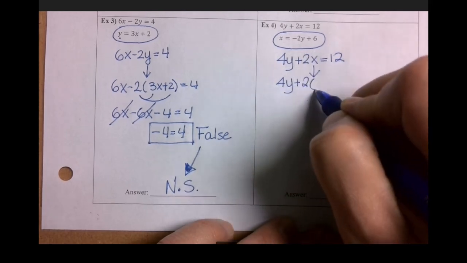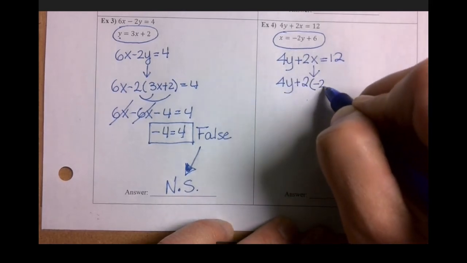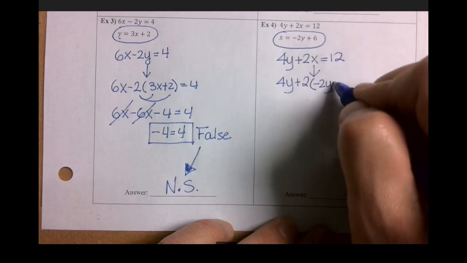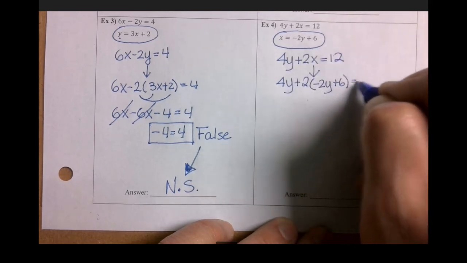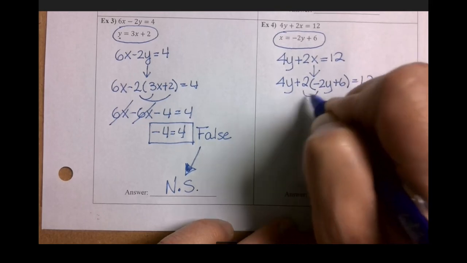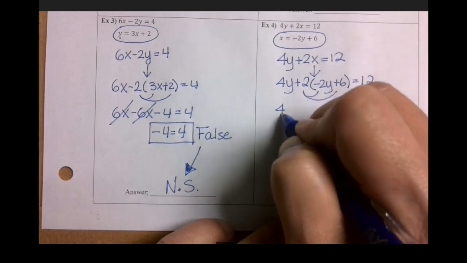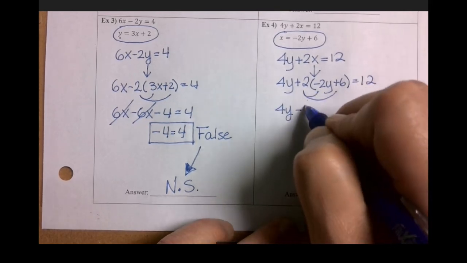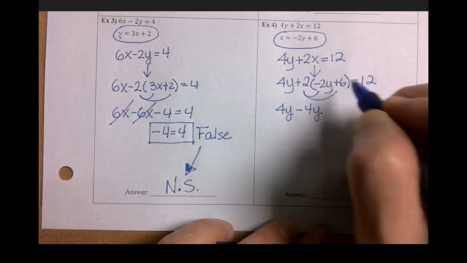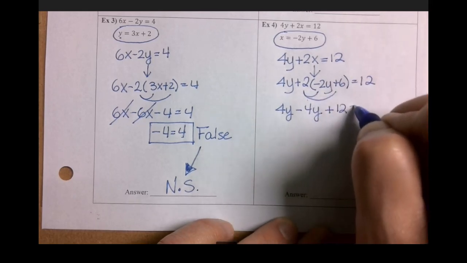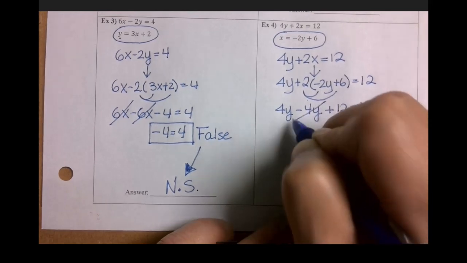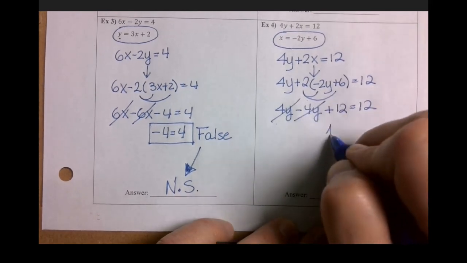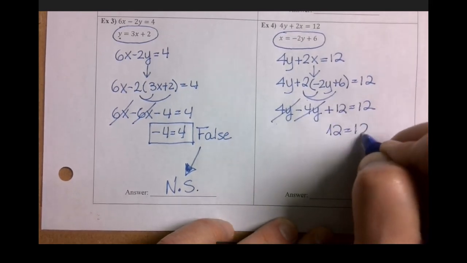When I get to the arrow, I replace it with parentheses, and with negative 2y plus 6 equals 12. I'm going to eliminate parentheses, so this will be 4y minus 4y. 2 times 6 is 12 equals 12. The 4y cancels. I'm left with 12 equals 12.